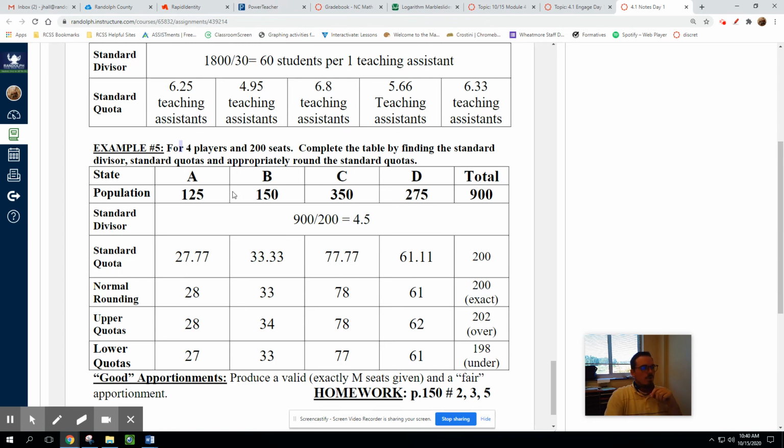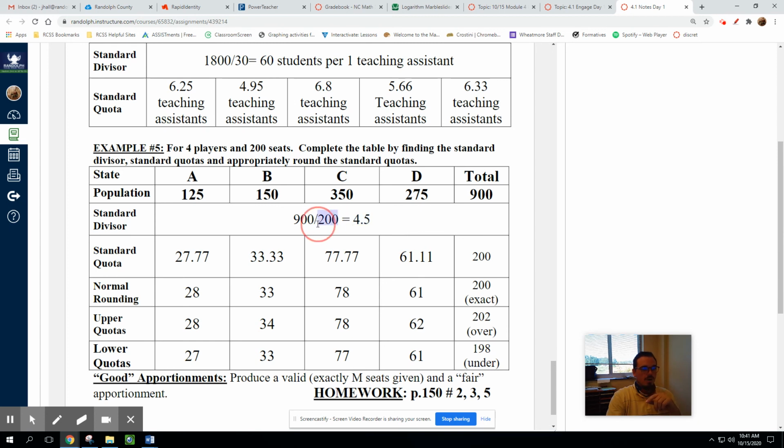So you can see our populations. First thing to do is add them together. 125, 150, 350, and 275 to get 900. The standard divisor is going to be 900 divided by 200, which is 4.5. The standard quota, 27.7 repeating. Again, how did I get the standard quota? Population divided by the standard divisor.